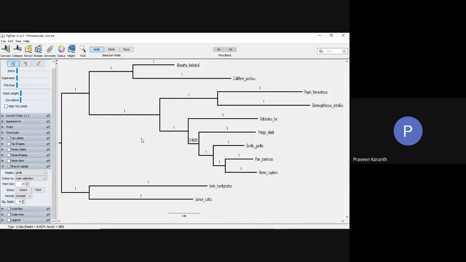But the posterior probabilities tend to be higher than bootstrap support. Sometimes you'll see 80% bootstrap support but 0.95 posterior probability. True. So posterior probabilities often tend to be higher. Yes.